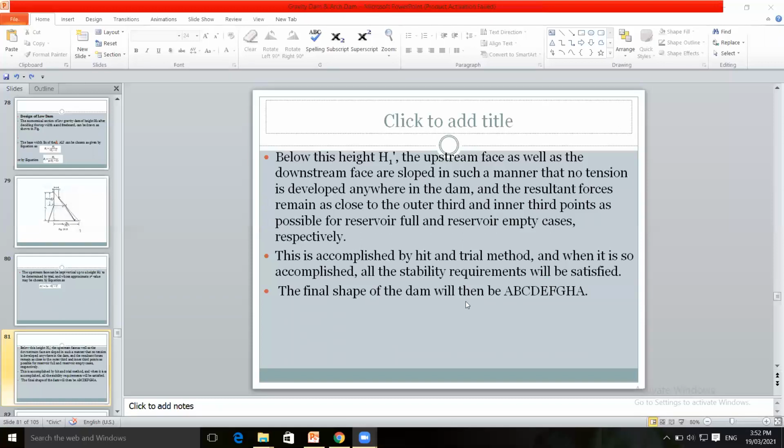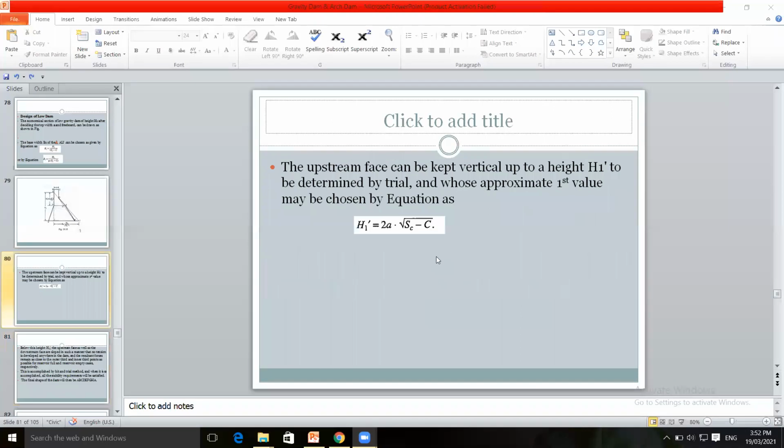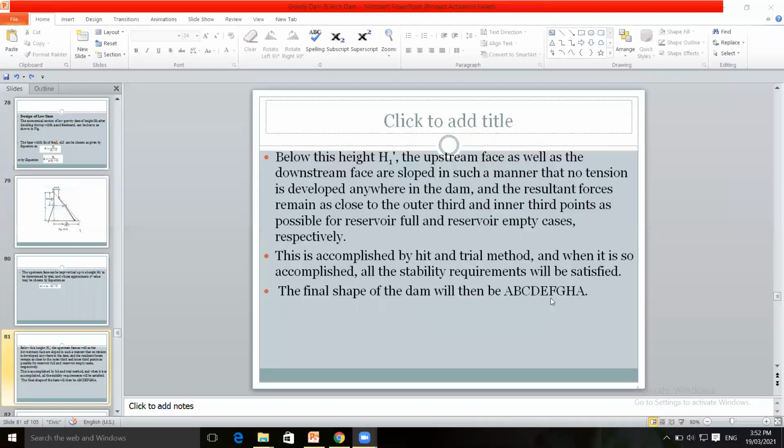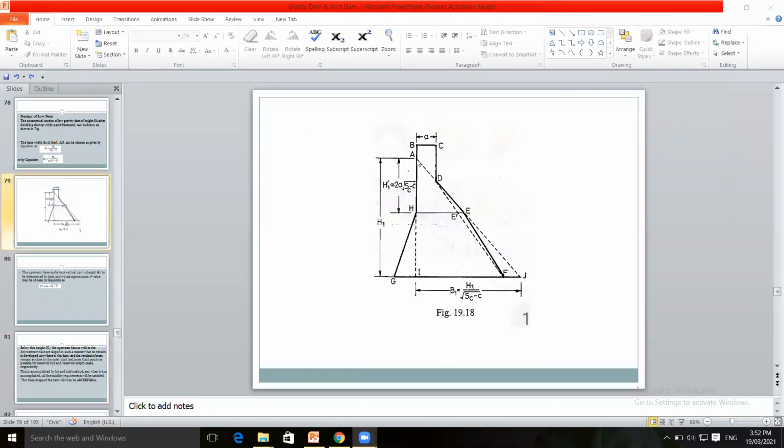The final shape of the dam will then be A, B, C, D, E, F, G, H, A. From A to B, C, D, E, F, we don't take J, since J is shifted. E to F, F to G, G to H, H to A. So this is the final shape of the dam.